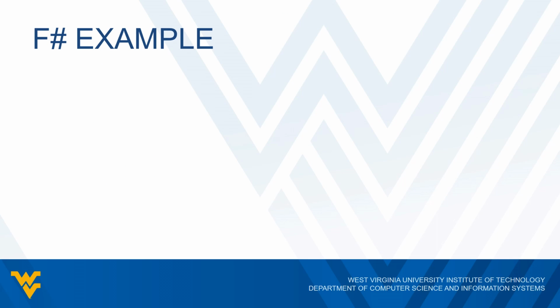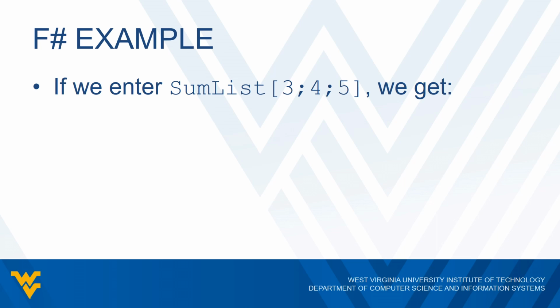So let's actually do an example of calling this function and see what would happen. Let's say we enter sumList 3, 4, 5. This is the notation that we would use in F Sharp to denote a non-empty list. Following the logic we've done before, we see that the list is not empty, so we would get 3 plus sumList 4, 5.